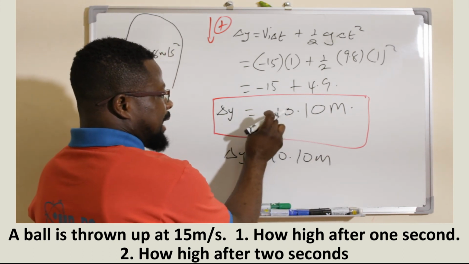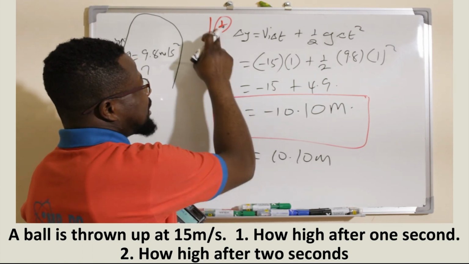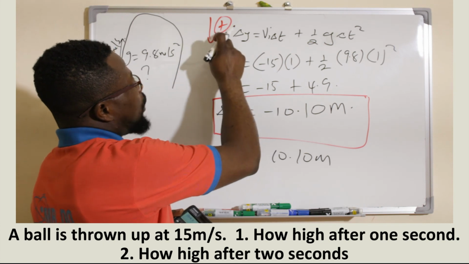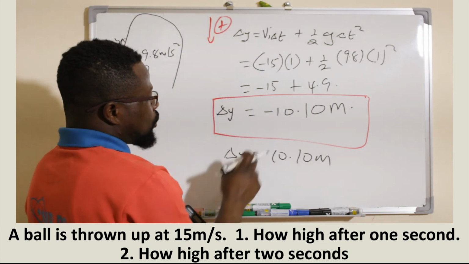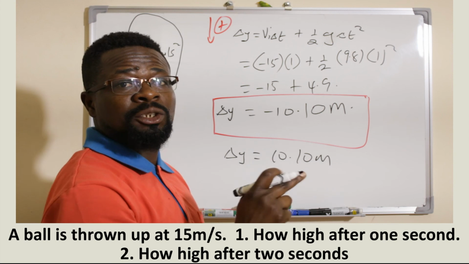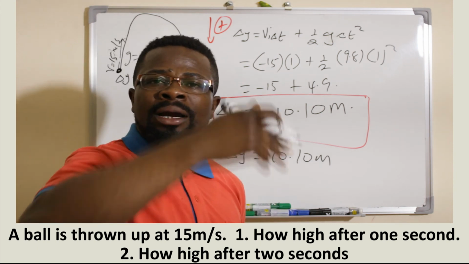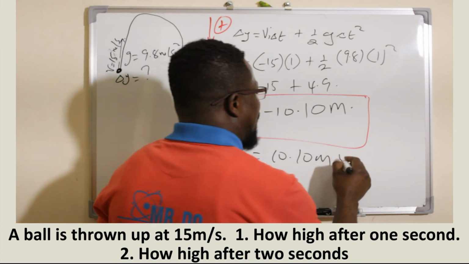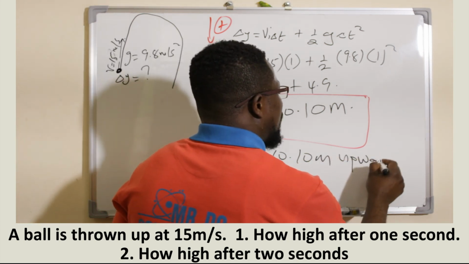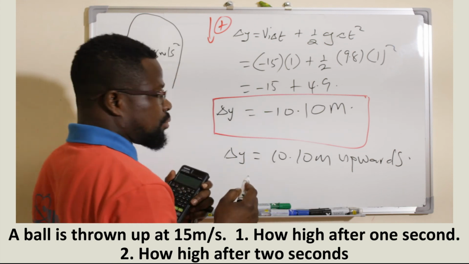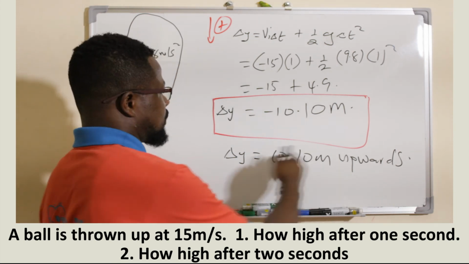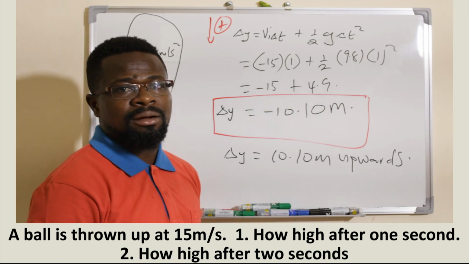This is negative, and we said from the initial stage that anything going downward is positive. So if my answer is negative, it tells me the object is still going upwards. So it is 10.10 meters upwards. The object is still on its way up. That becomes my answer for that.